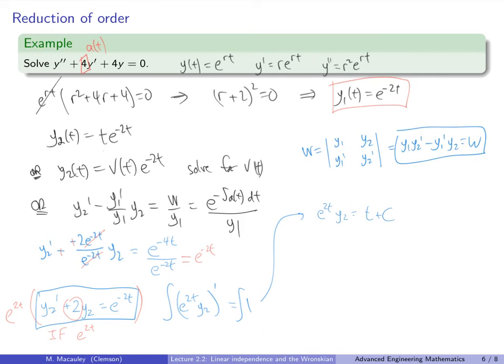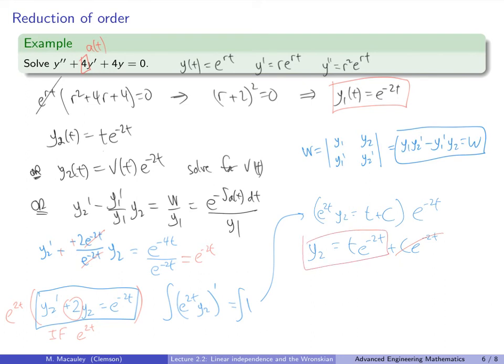Now let's divide both sides by e to the 2t, or equivalently multiply by e to the minus 2t, and you get y2 equals t e to the minus 2t plus c e to the minus 2t. Now we're just looking for a second solution. That's all we need, so we don't actually need that term. We can set c to be 0, and here is our y2.